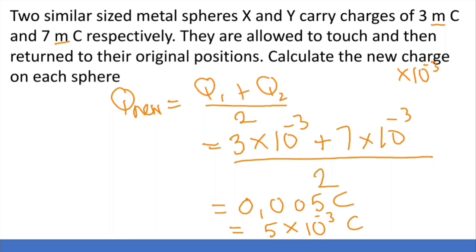Okay, so that is it. Just simply apply the formula Q1 plus Q2 divided by 2, and we'll get our new charge, 0,005 coulombs.